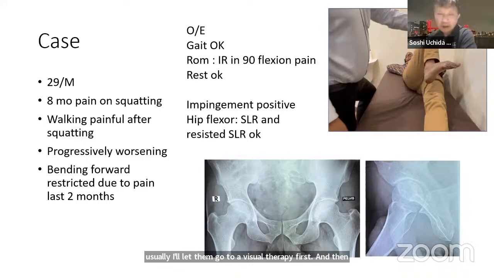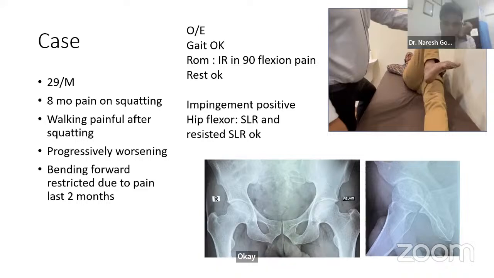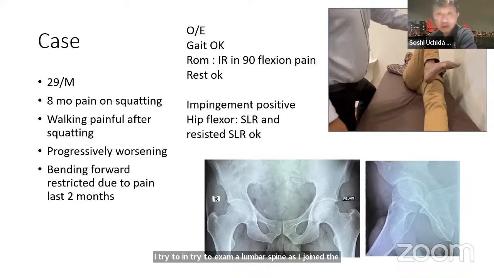And if there is still persistent pain, I try to examine the lumbar spine and SI joint problems, because SI joint problems are highly frequently associated with hip pain. That's why I examine the SI joint and the lumbar spine first.